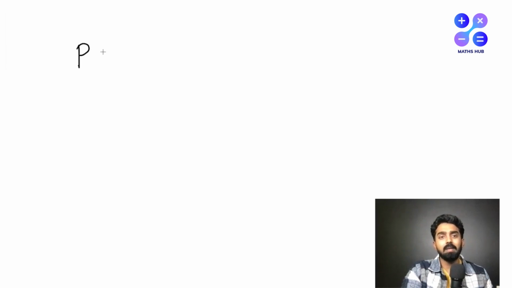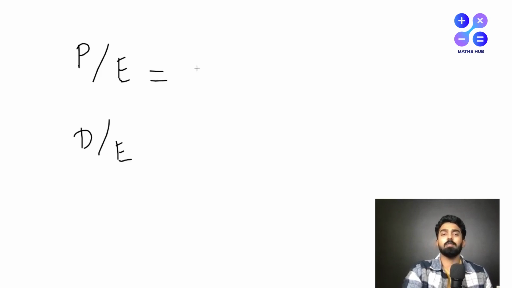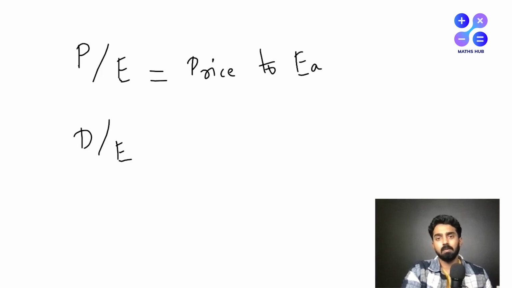But you might be hearing about this term called a P/E ratio, or a dividend to earnings ratio. If you're somebody who's into finance and the stock market, you will hear about this term. So this is the price to earnings ratio, correct? This is the dividend to earnings ratio.